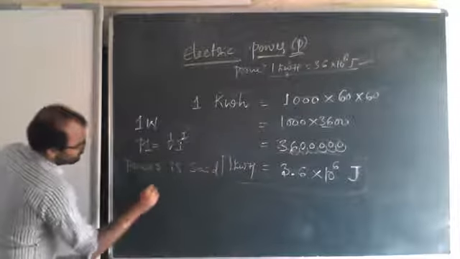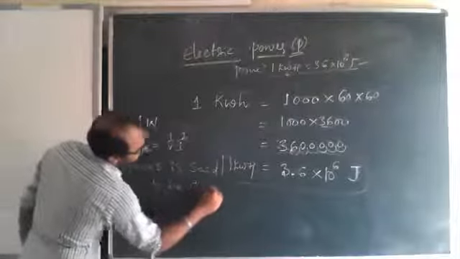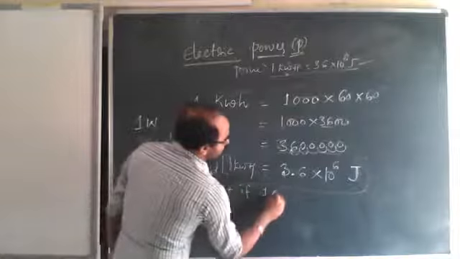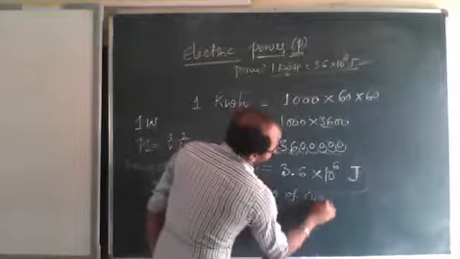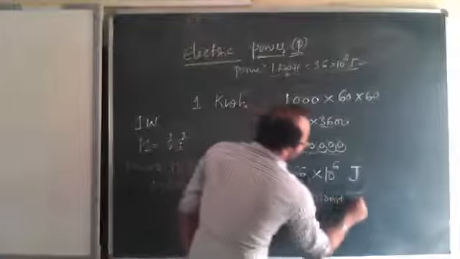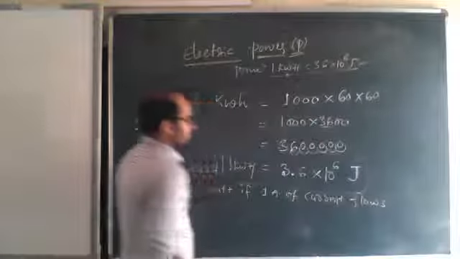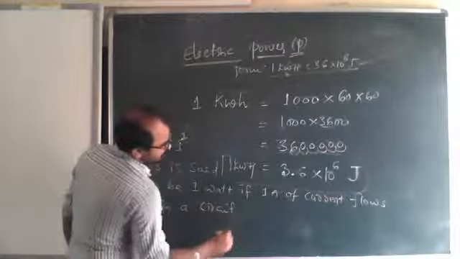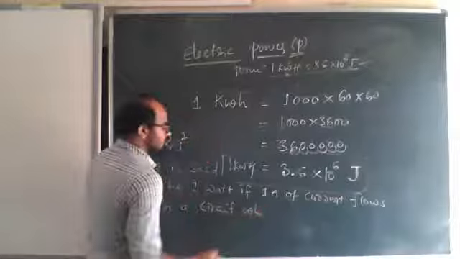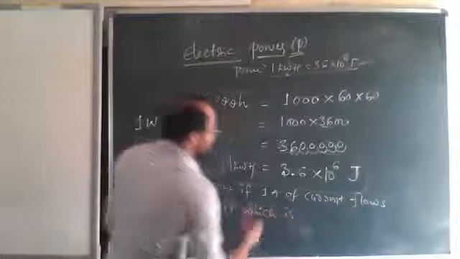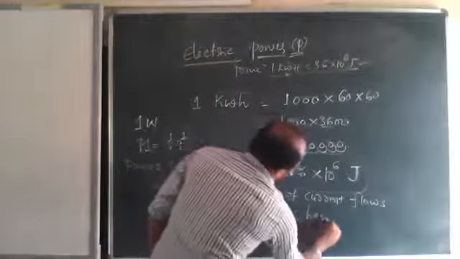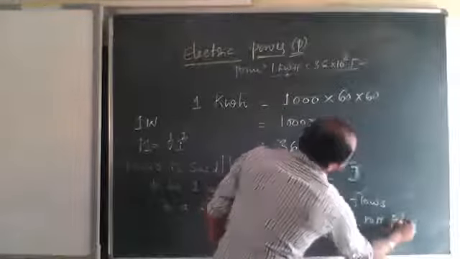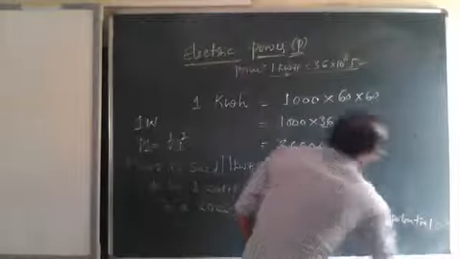Power is said to be 1 watt if 1 ampere of current flows in a circuit which is having 1 volt potential difference, or 1 volt voltage.